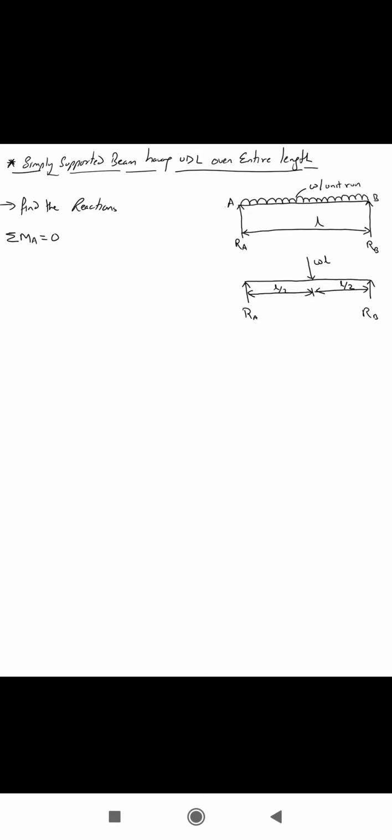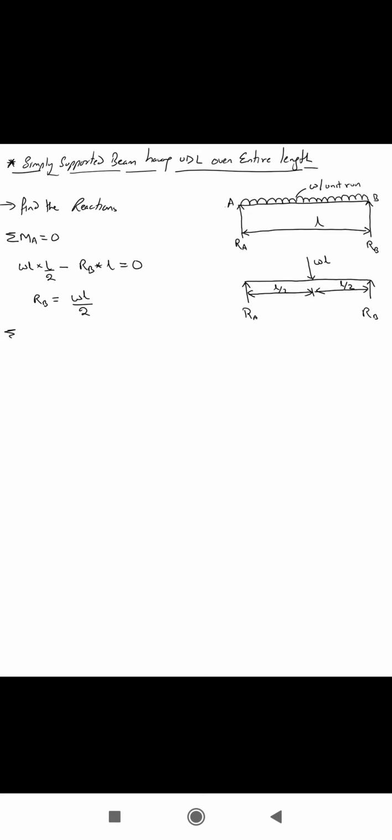In order to do that, we have taken the moment about point A is equal to 0. So what I have is W into L into L by 2. Now this is clockwise, so I'm taking this as positive, minus RB into L is equal to 0, right? So from here I get RB is equal to, L will cancel out, W into L by 2, right?